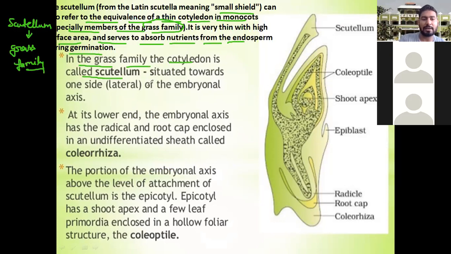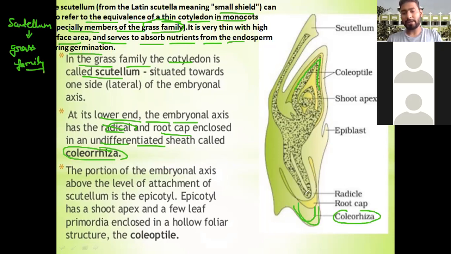It is situated towards one side, lateral to the embryonal axis. At the lower end of the embryonal axis there is the radicle and root cap enclosed by an undifferentiated sheath called coleorhiza. Now you can see this is the coleorhiza, which covers the root cap, an outer protecting covering.